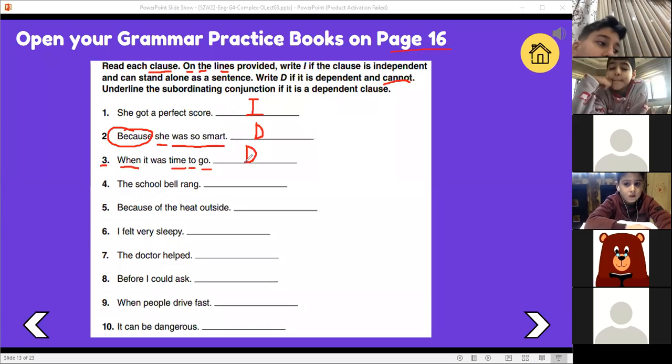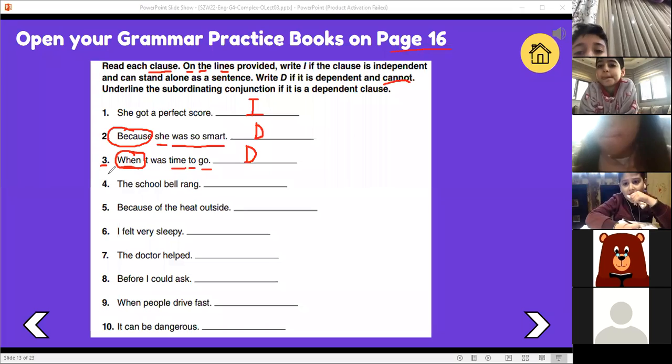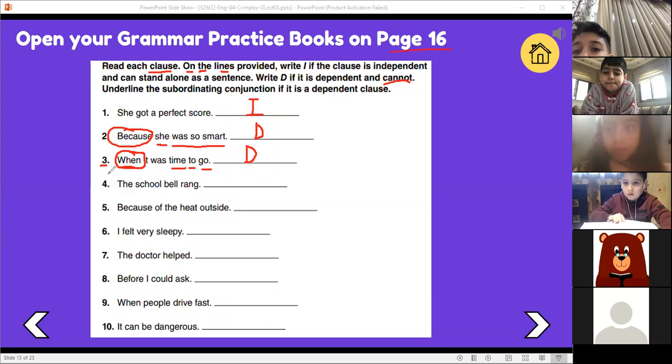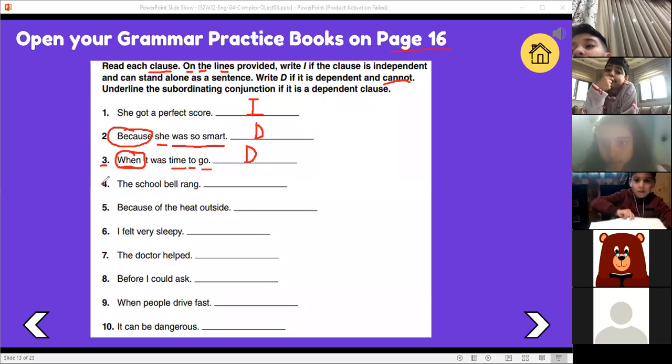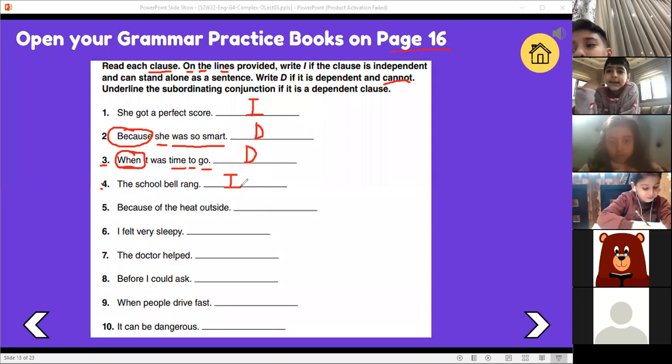Bravo. Why? Because it begins with what? With when. Yes. Everyone else, rather than just sitting and looking at us, you can simply solve this page on your practice page. Okay? Yalla Joel. Number 4. The school bell rang. It's an independent clause. Excellent. Bravo, Joel. Thank you.